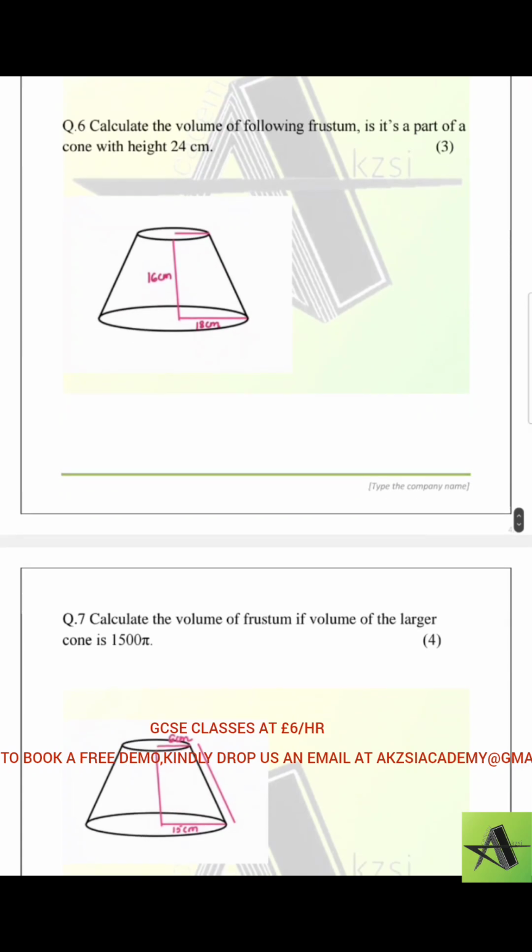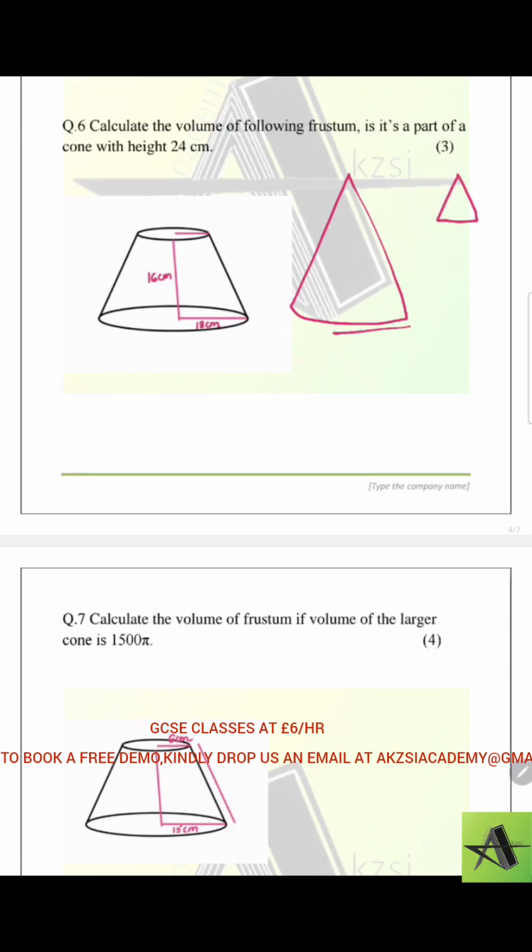It's almost the same question. Calculate the volume of the frustum if it's a part of the cone with height 24 centimeters. So same. First, we have to calculate this radius, and this can be calculated using the similarity that the bigger cone and the smaller cone are similar. So the bigger cone I'm drawing and the smaller cone.